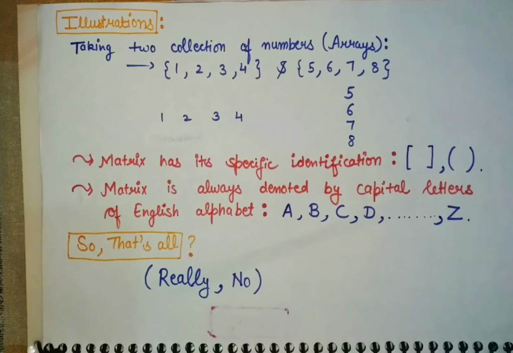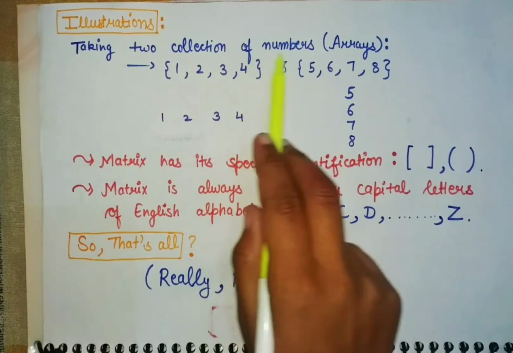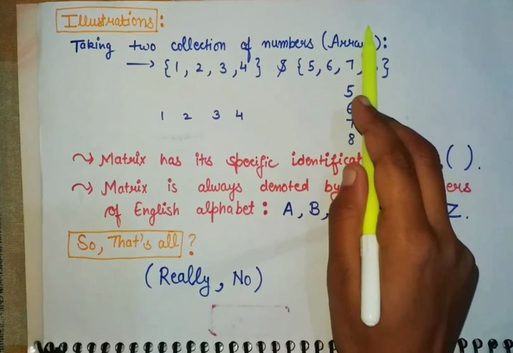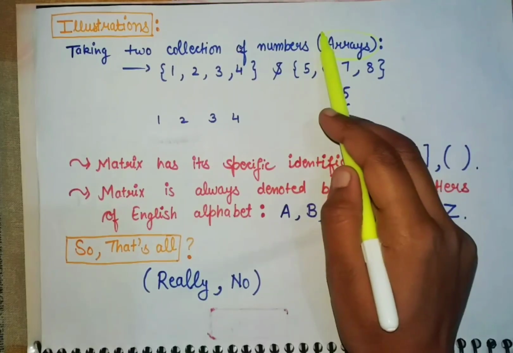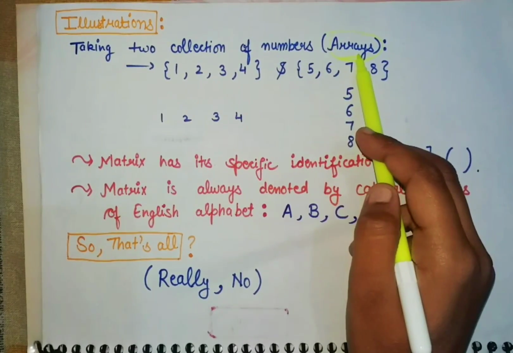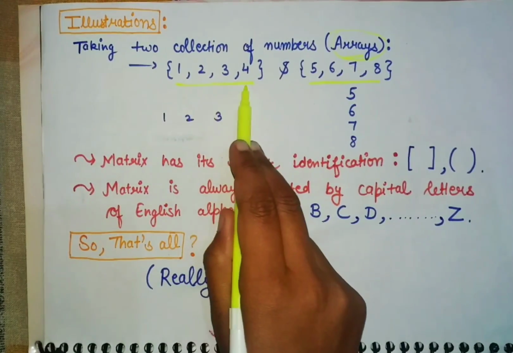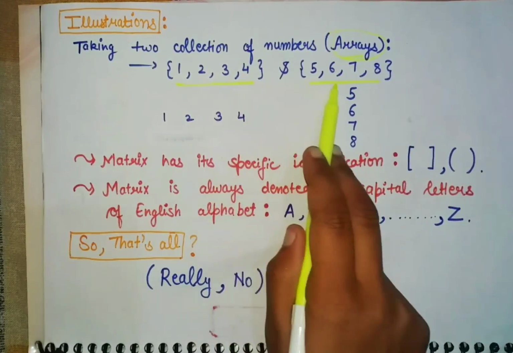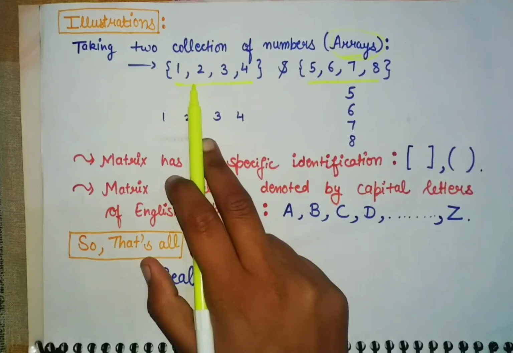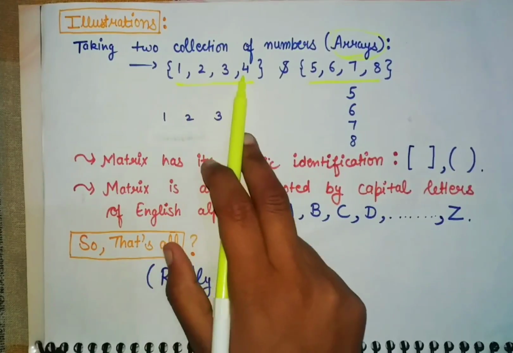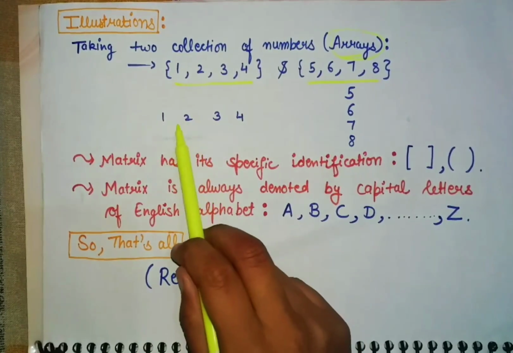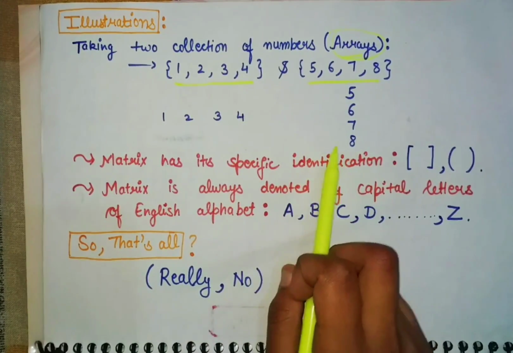Now let us understand matrix by some illustrations. Taking two collections of numbers or arrays, I have already introduced this to you. Array means a large collection. 1, 2, 3, 4 and 5, 6, 7, 8. Notice both arrays or collections have the same number of elements, 4 and 4. What if we arrange one of them as a row and the other as a column?